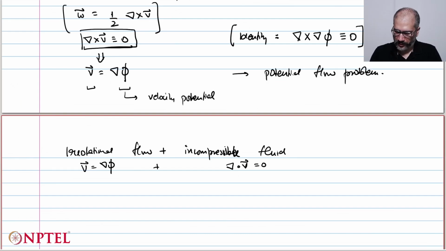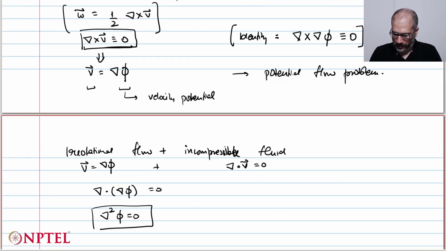Combining these, we get the divergence of the gradient of phi is zero, which basically means the Laplacian of phi is zero, and this is an equation we solve in potential flow theory.